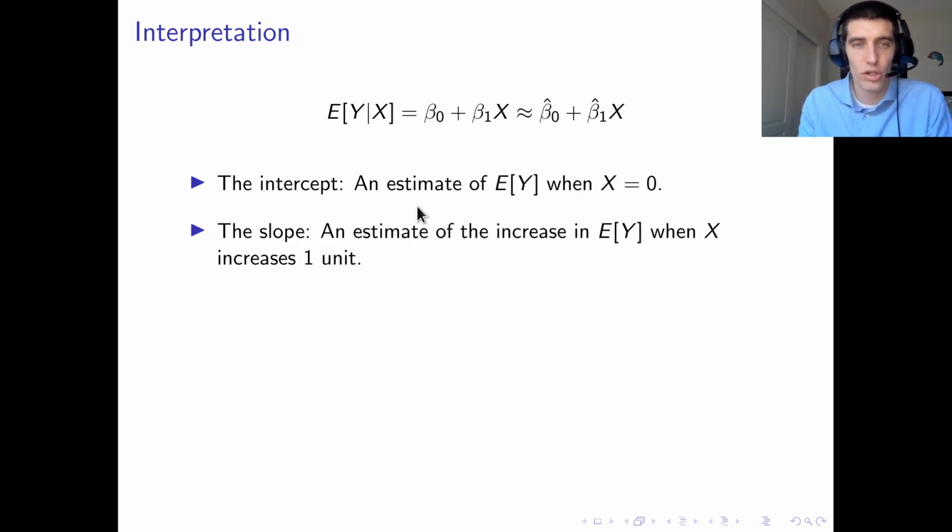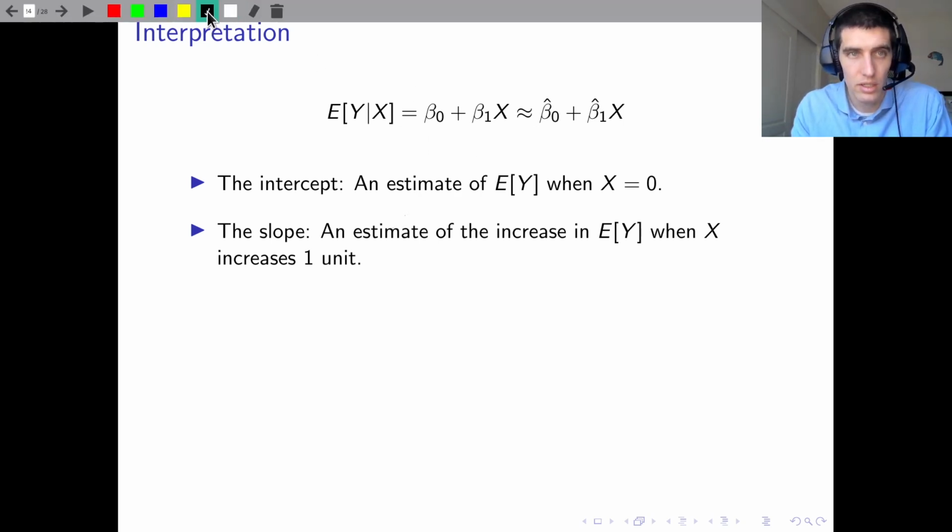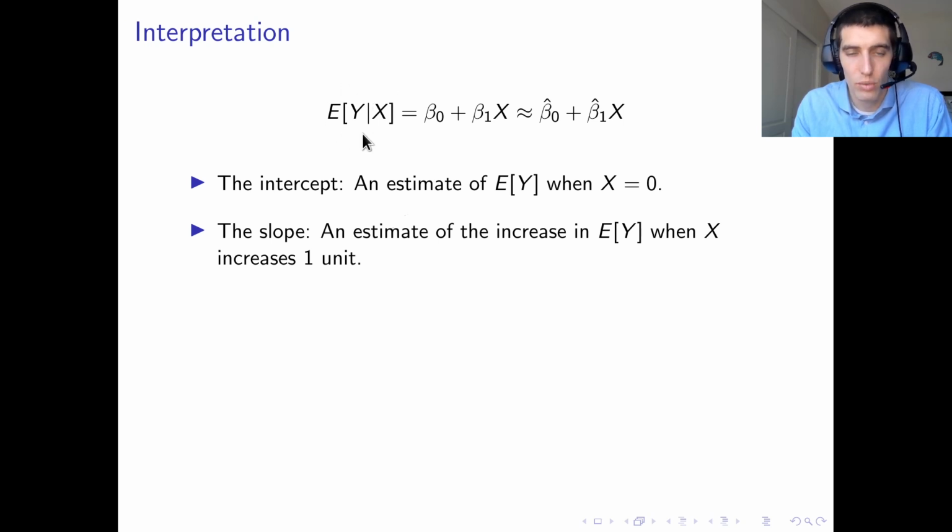So how to actually interpret these even more. The intercept, if we look at this expression here, this is the conditional mean of y given x, which is what we've assumed here in the simple linear regression case, and which we estimate with these beta hat terms.